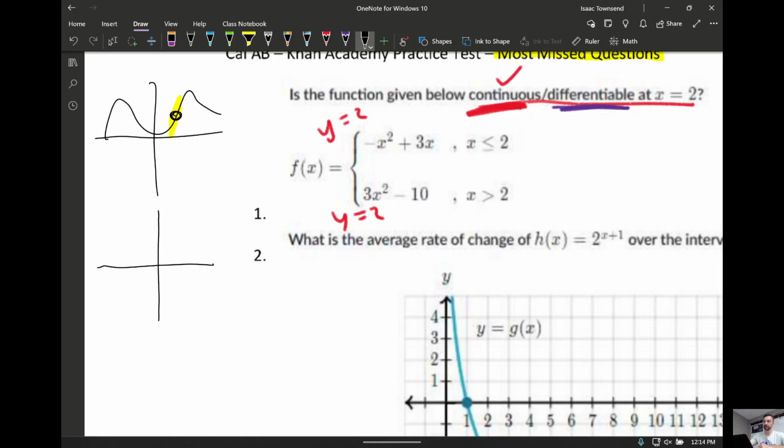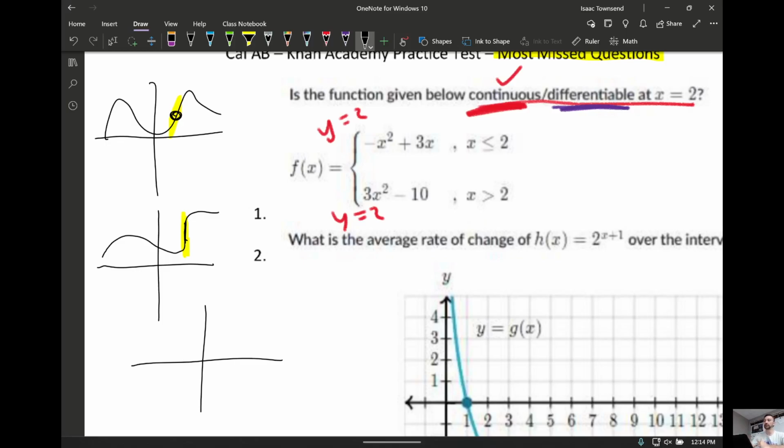A vertical line, very good. So like if for some reason for a second it was vertical, you can't take the derivative there. Undefined slope means undefined derivative. And then there's one more visual that you can't take the derivative at.